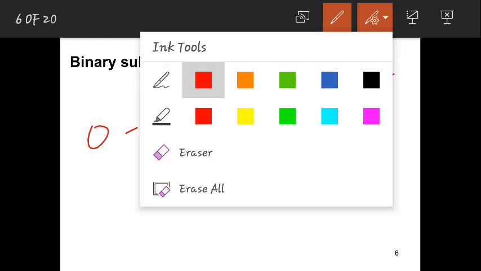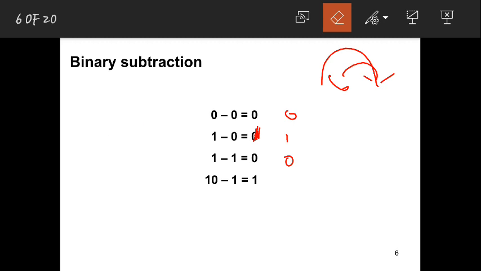So whenever you have 0 minus 1, the result will always be 1, because you will always borrow from the left number. If you don't have anything, whenever you have a carry or borrow, you consider it from the carry flag in your status register. Okay, so leave that status flag for now. Remember that 0 minus 0 is 0, 1 minus 0 is 1, 1 minus 1 is 0.